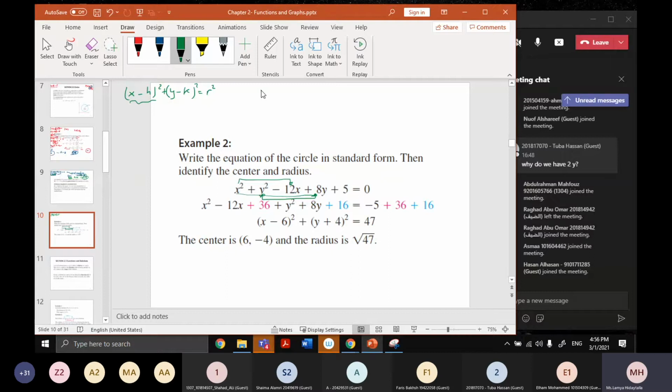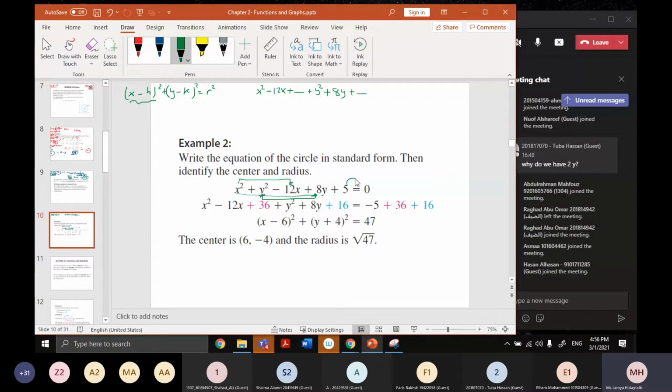So the first part, we had x squared minus 12x. I need plus something to have a complete square. And the other part, plus y squared plus 8y, plus a missing number to have a complete square.